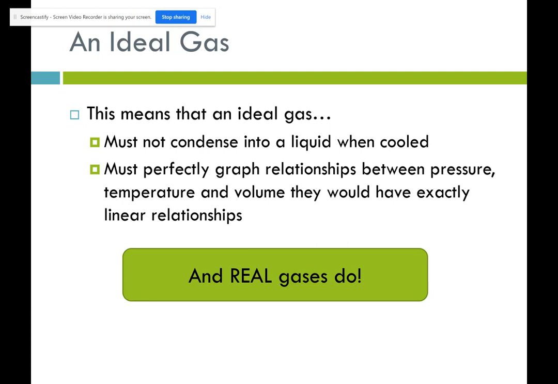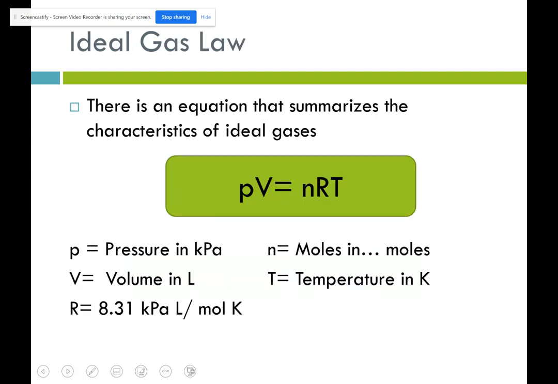So we can still use these laws because it's a very good model, but know that it's not a perfect model. Okay, there are some scenarios in really cold temperatures or really high temperatures or extreme pressures where the model that we're using may have slightly less accuracy.